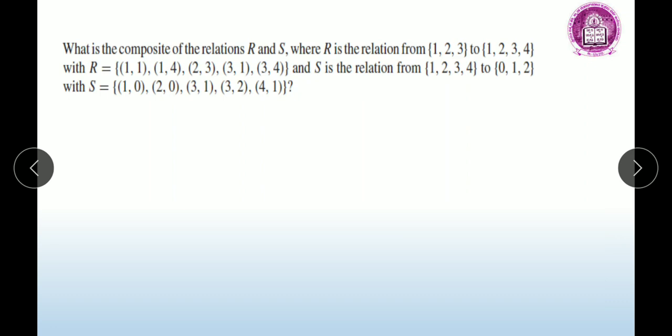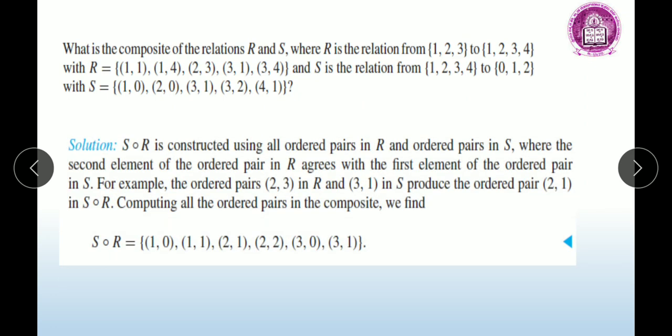What is the composition of R and S? S composition R is constructed using all ordered pairs in R and ordered pairs in S, where the second element of the ordered pair in R agrees with the first element of the ordered pair in S. For example, the ordered pairs (2, 3) in R and (3, 1) in S produce the ordered pair (2, 1).